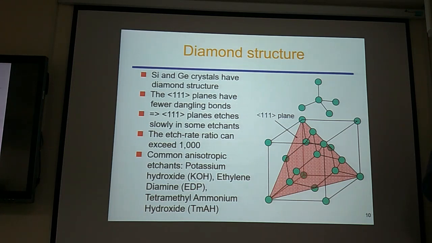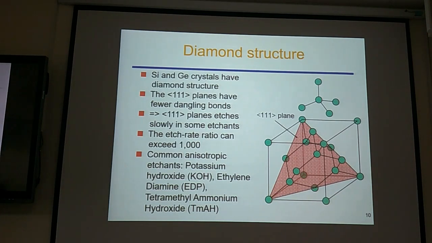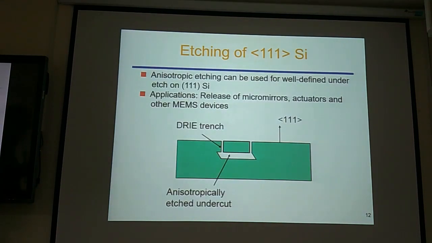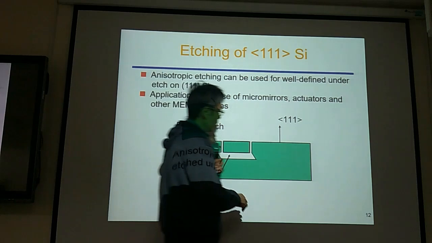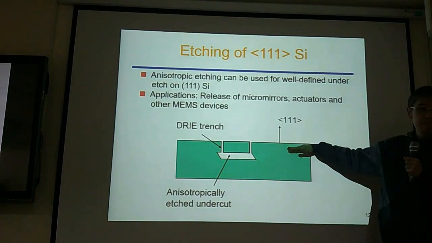Watch it. In the wafer, the cell is a 111 surface. Okay. Yes. The 111 wafer means this surface is a 111 surface.